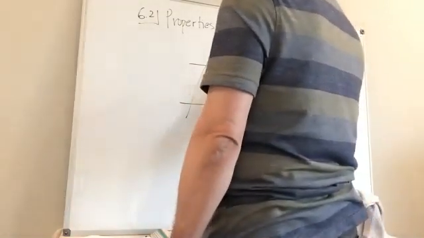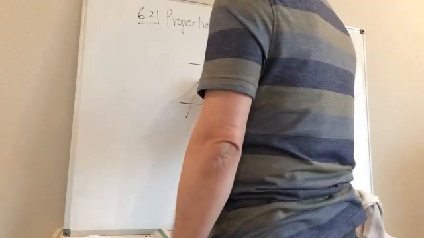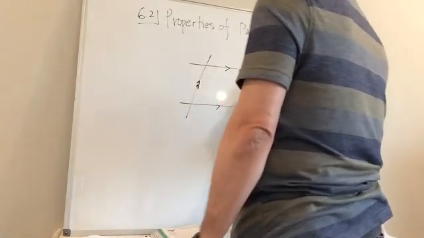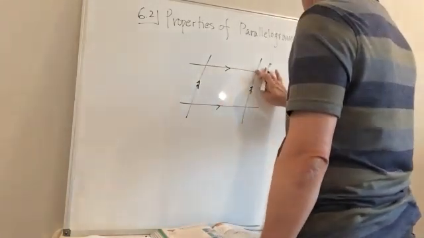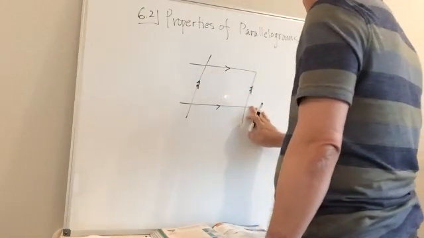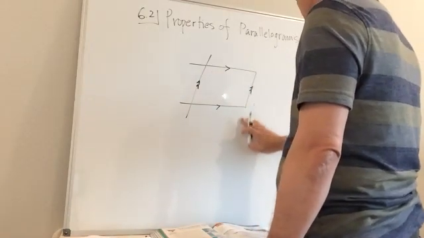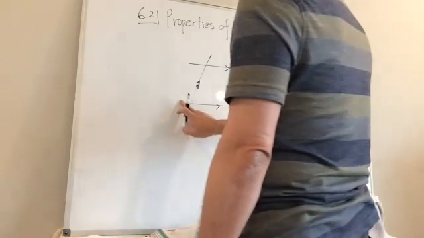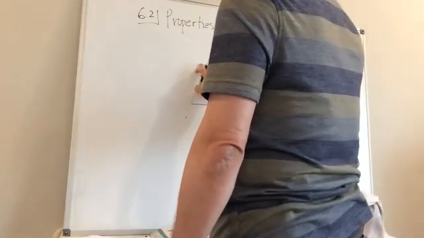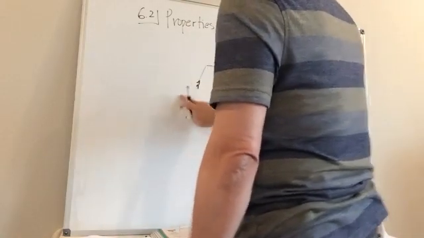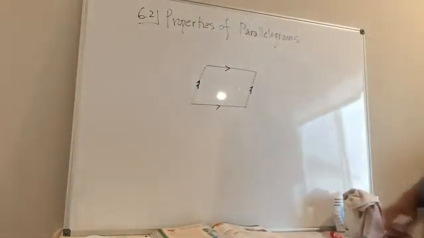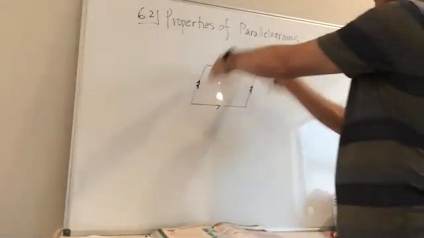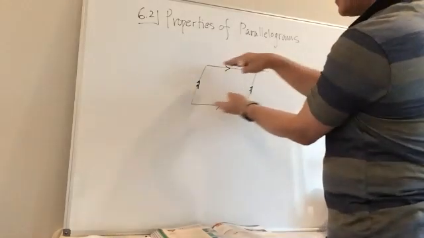So this guy and this guy are parallel, and this guy and this guy are parallel, and you're going to have a quadrilateral formed here. Okay, so this is a parallelogram. You have these sides parallel, and these sides parallel.